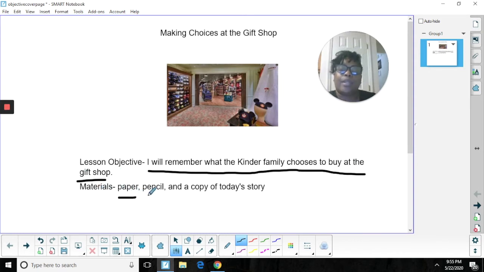Paper, pencil, and a copy of today's story. Okay, and a copy of today's story is right under the video lesson. There's a link to the copy of today's story, and if I add any other additional materials, they will be there as well. Okay, so we have to remember what the Kinder family is going to buy at the gift shop. So I want you to be thinking about that as we go through our lesson today.